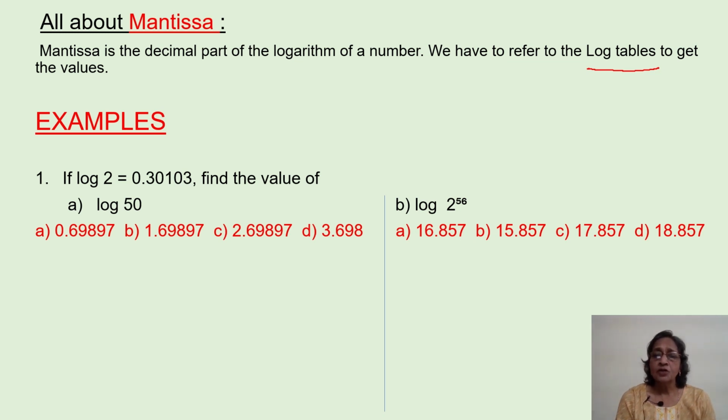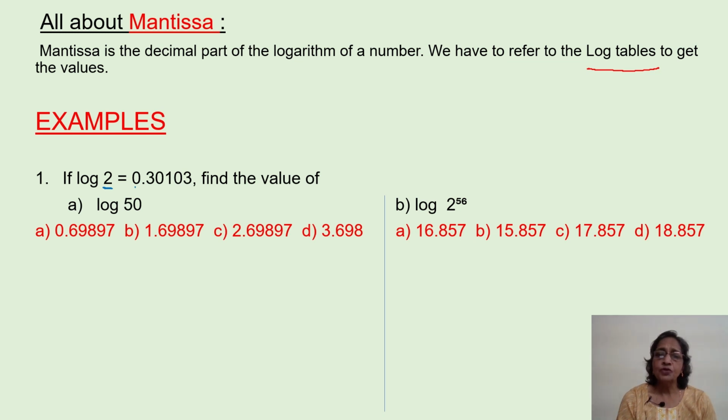All right. So if you look at what I have given you as an example, log 2 is 0.30103. Now, if you look at this log 2, it is a single digit, so obviously my characteristic is going to be 0. Now, when this log 2 is given, it is understood that it is to the base 10.